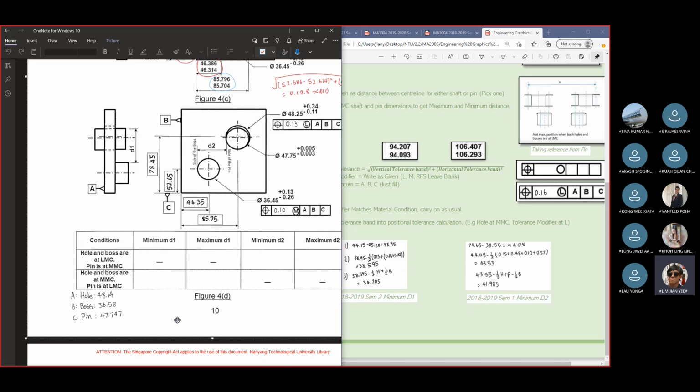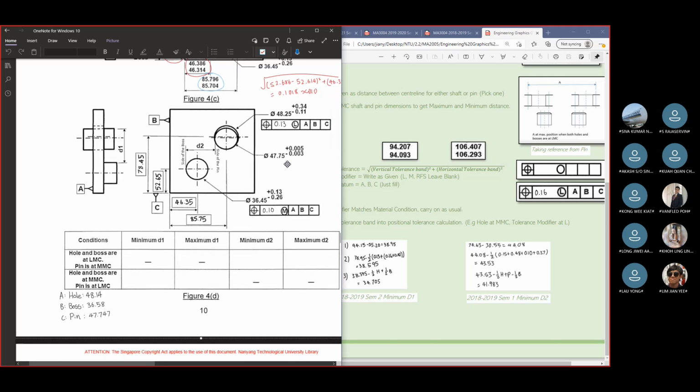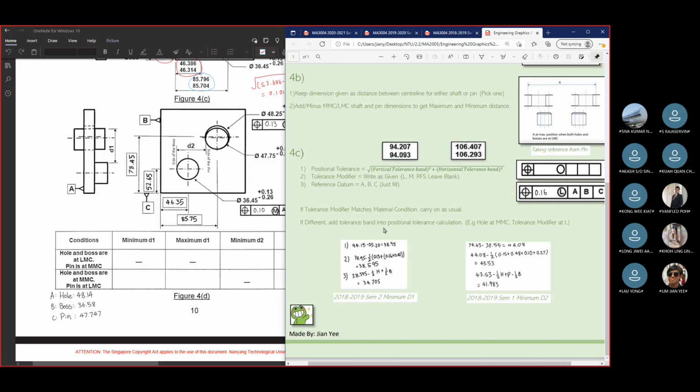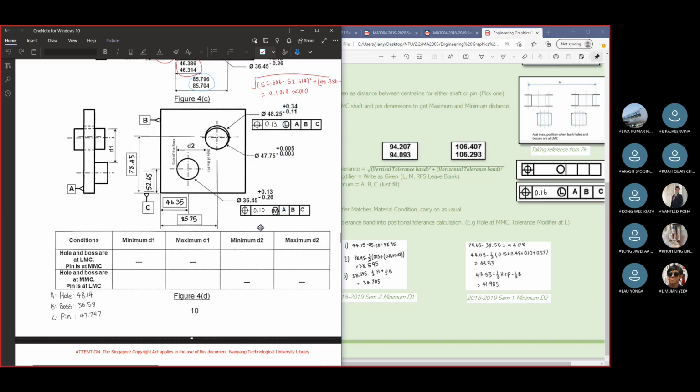Okay, so now what we want to do. Minimum tolerance modifier, 0.2. Now we want the minimum D1, so the smallest D1.